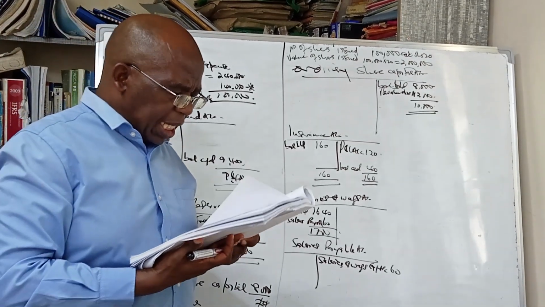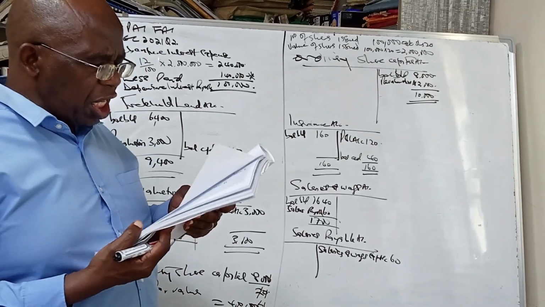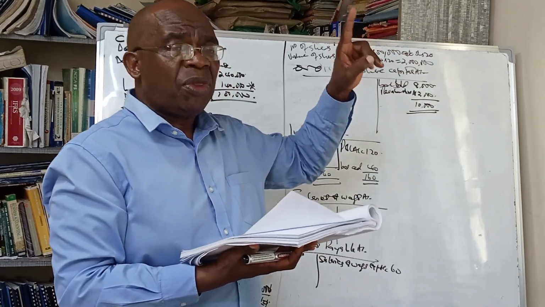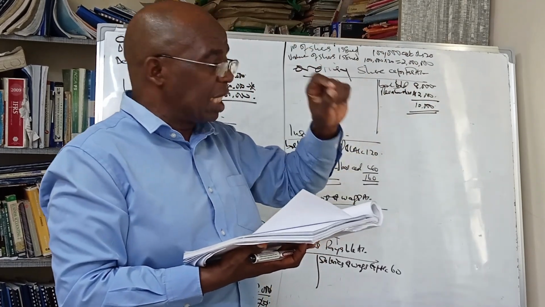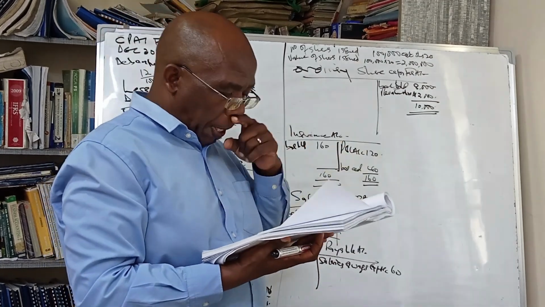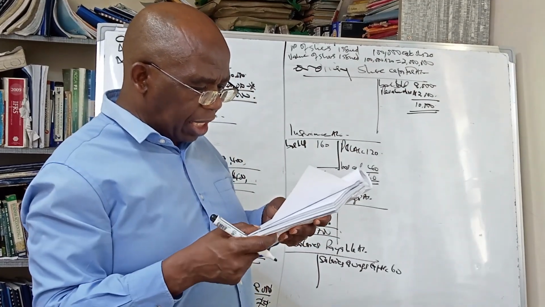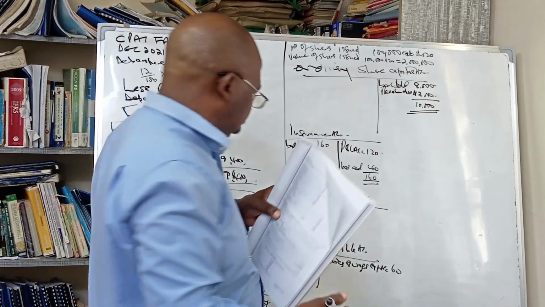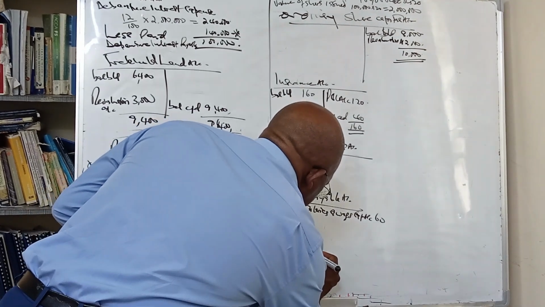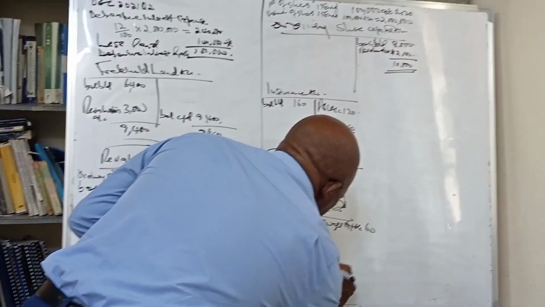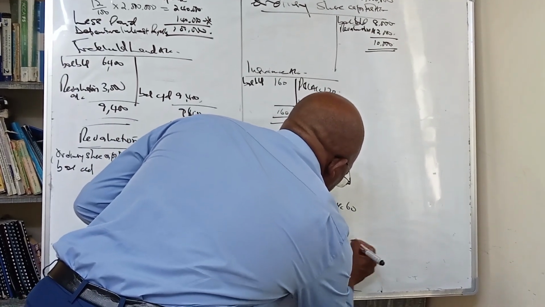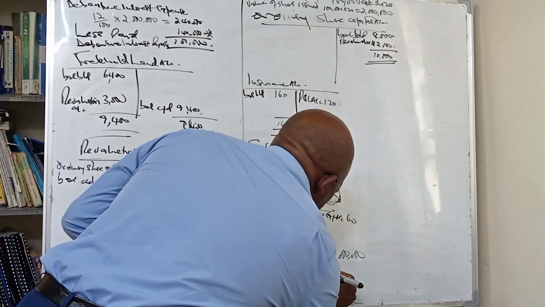Number 4, we are told the directors propose a dividend of 10% of the issued. Please mark issued, and therefore the issued is not the 8 million shown in the trial balance. The issued share capital is now 10 million. So the proposed dividend is 10% of the issued share capital, which is 10 million, and therefore this is 1 million.